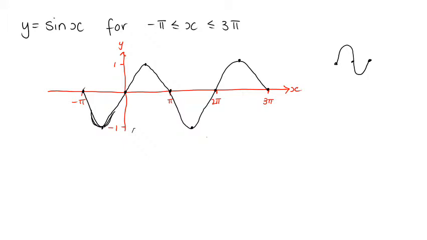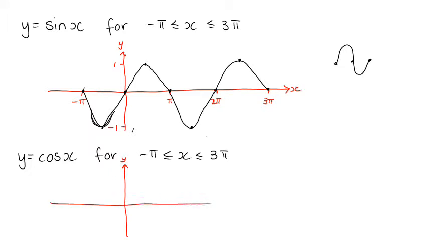Okay, what about cosine? For the same interval between negative pi and 3 pi, just draw our axes again.